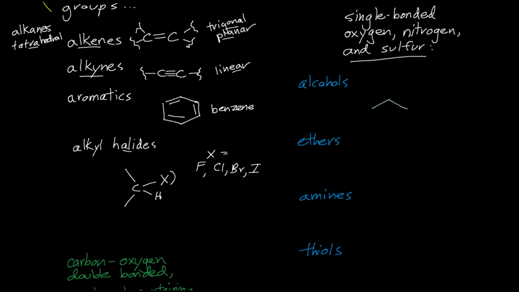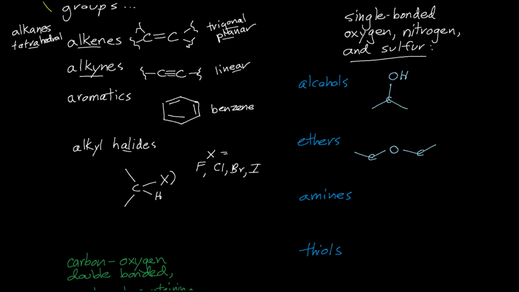An alcohol, for example, has this look. So there's a carbon there, of course. So this is an alcohol. I'm going to talk a little bit more about those later. Ethers are oxygen connected to two other carbons. So that's an ether.